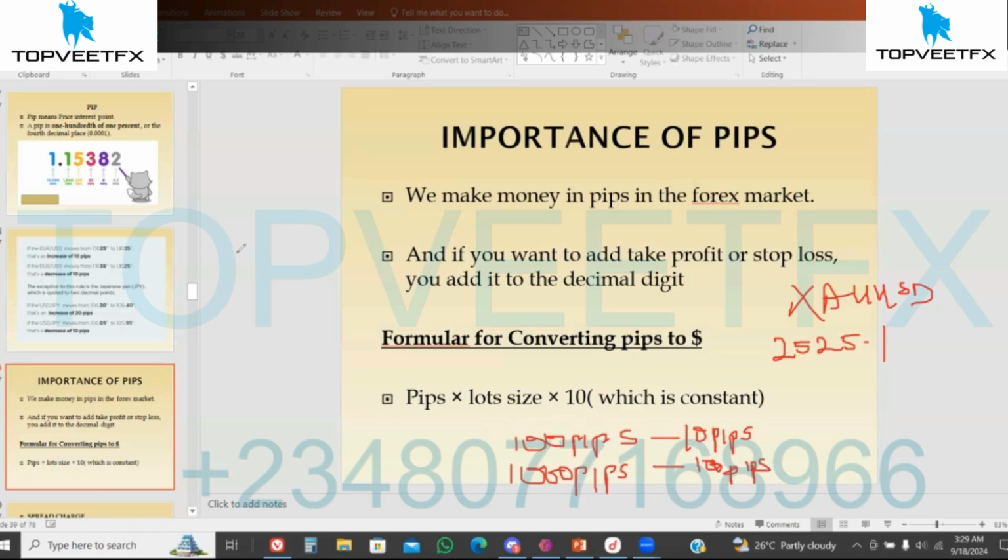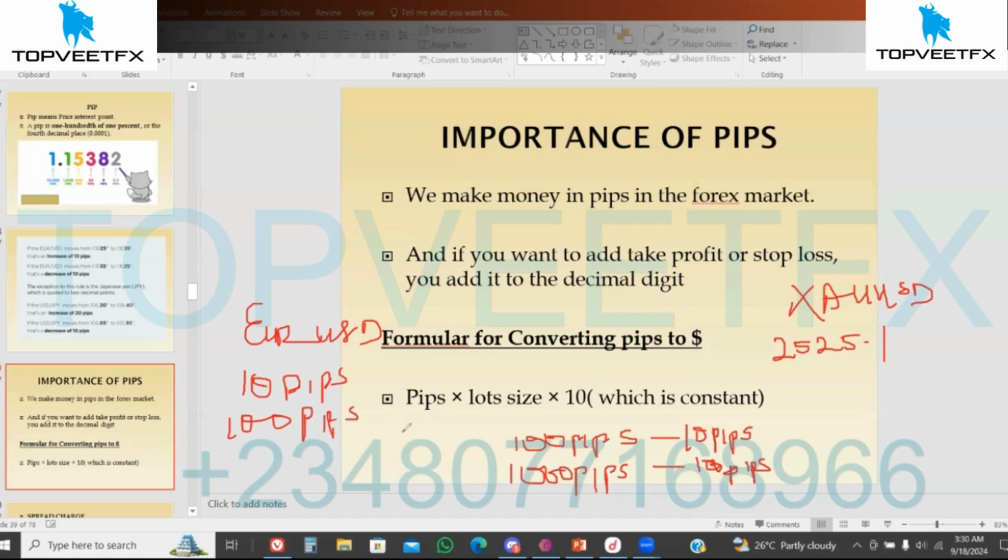And in other normal currency pairs, the cross pairs, the basic pairs, like Euro USD, 10 pips is 10 pips. 100 pips is 100 pips.